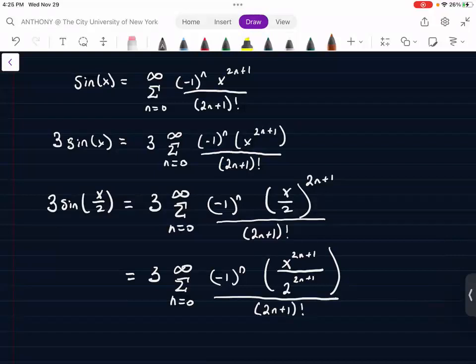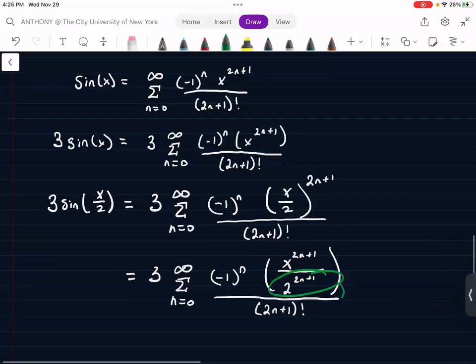Now, technically speaking, sorry, my bad. I'll use this one, this one's small. So if you look at this 2 raised to the power of 2n plus 1, it's technically in the denominator of a fraction. And informally, what you can do is just bring this down into the denominator.